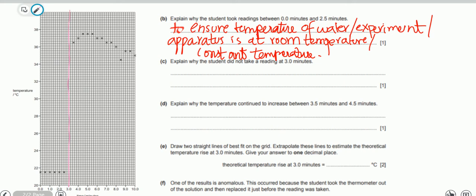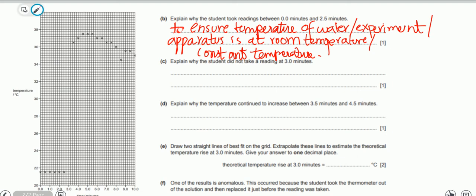And why don't we have this cross? The reason is because at this particular minute we are adding, the calcium chloride has actually started its reaction.